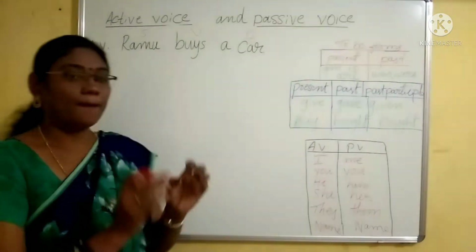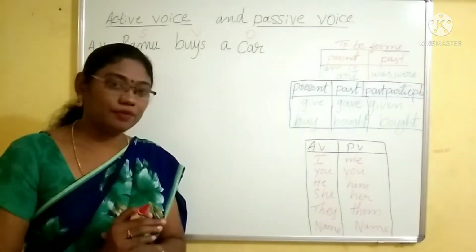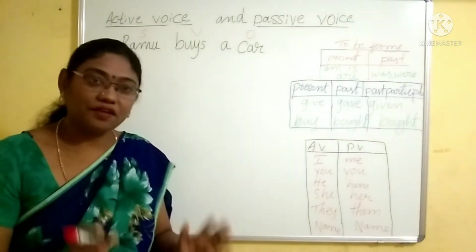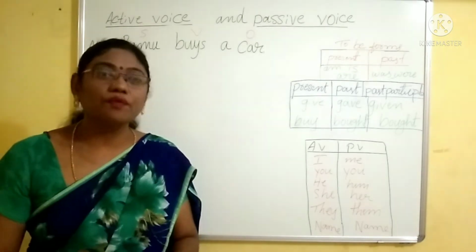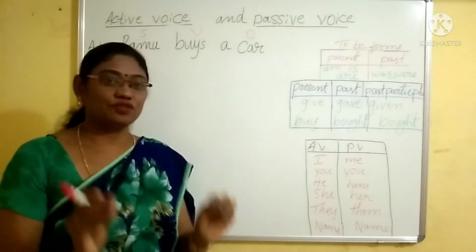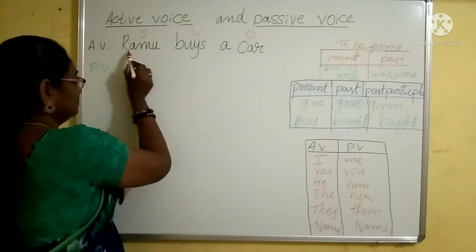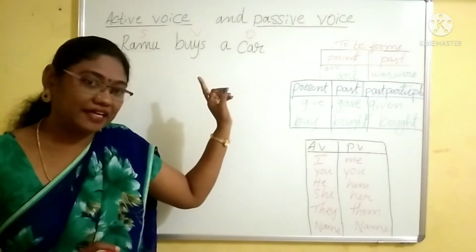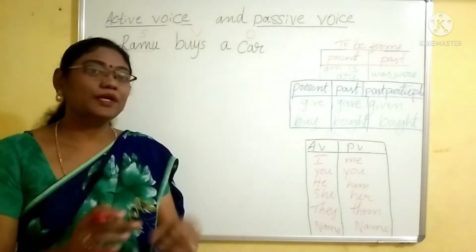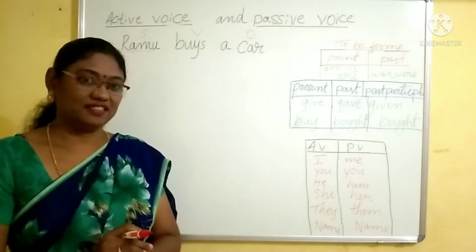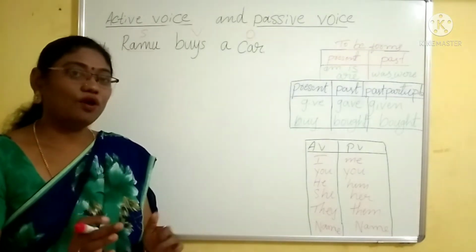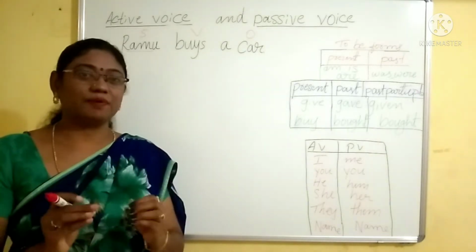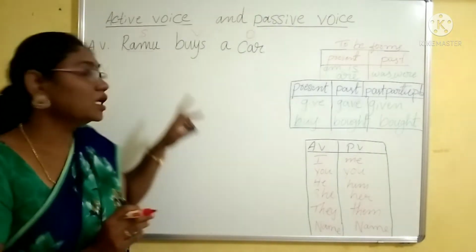The main thing to be remembered is that in active voice, we give more importance to the subject. Here in active voice, the subject dominates the sentence. We want to tell something about the doer.